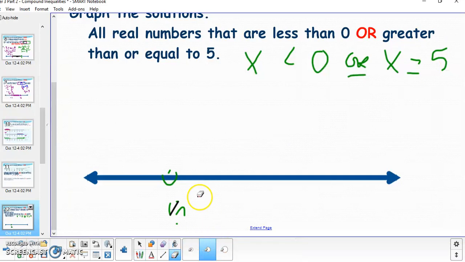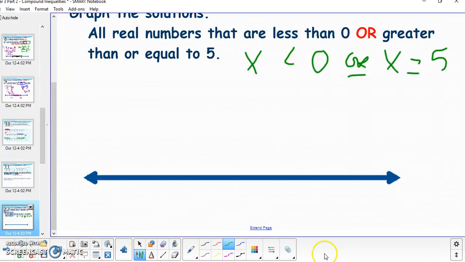Let me fix that. I have an open circle at 0, closed circle at 5, and this continues on to infinity here, and this continues on to infinity here, meaning -1000 makes the statement true. Meaning positive 100 makes the statement true. Or examples. Or.